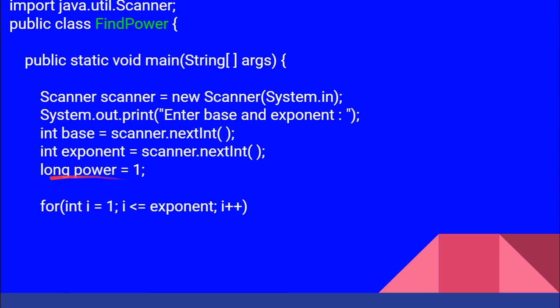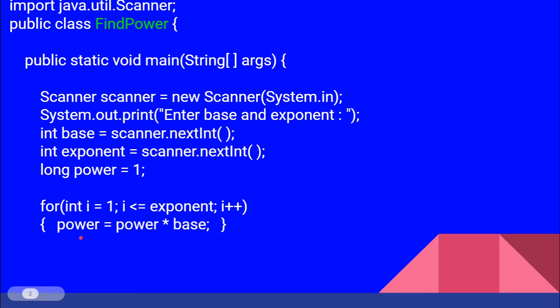We know that a for loop consists of the initial operator, then the checking condition, and the increment operator. So this for loop is going to repeat till the exponent times, and power is equal to power into base. A simple formula.